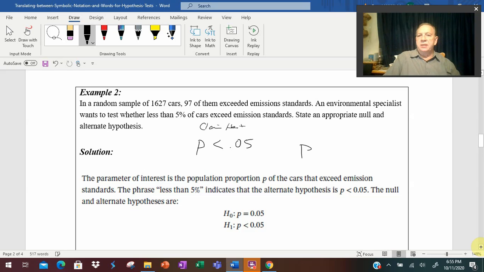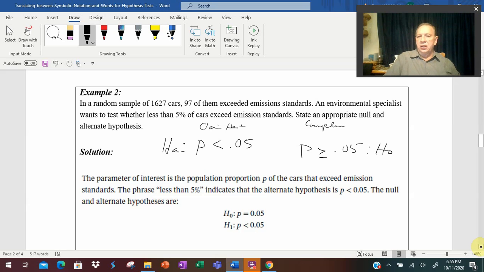I want the complement: P greater than or equal to 0.05. Then I go and assign H0, HA. This with the equals would be my H0. This would be my alternate, the other one without the equals, okay?